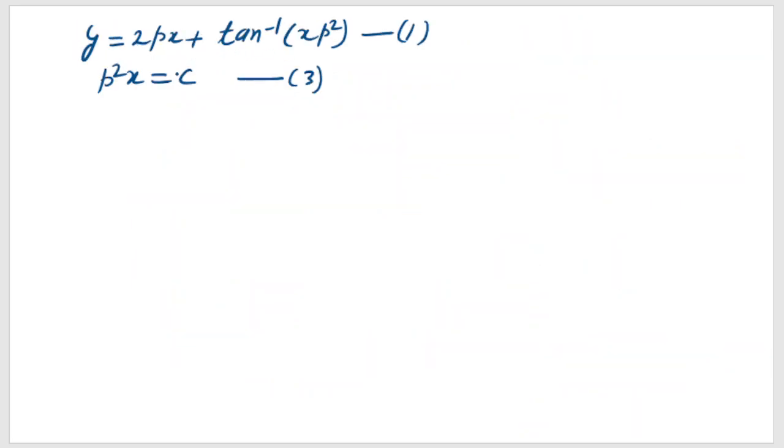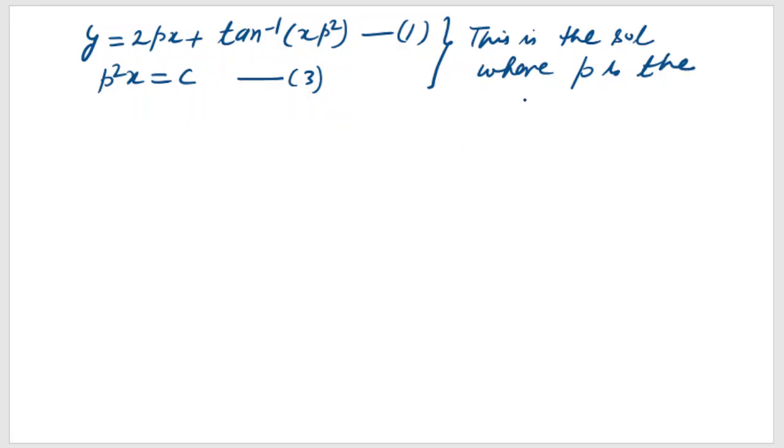So sometimes if it is not possible to eliminate p from these two equations, what we do, we say that this is the solution where p is the parameter, right? This is how we represent the solution.